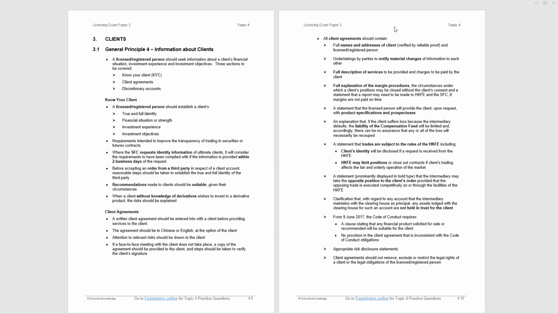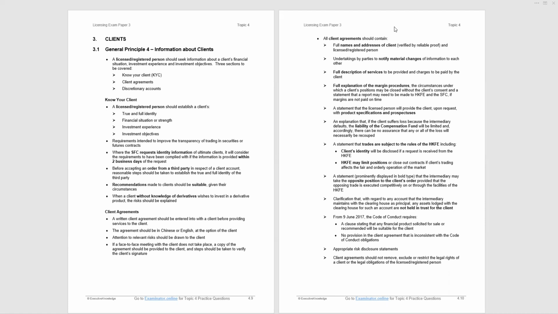Full explanation of the margin procedures, circumstance under which client's position may be closed without the client's consent, and a statement that a report may be made to the Hong Kong Futures Exchange and the SFC if margins are not paid on time. So that's very specific to a futures trading agreement. Statement that the licensed person will provide the client upon request with products, specifications, and prospectuses.